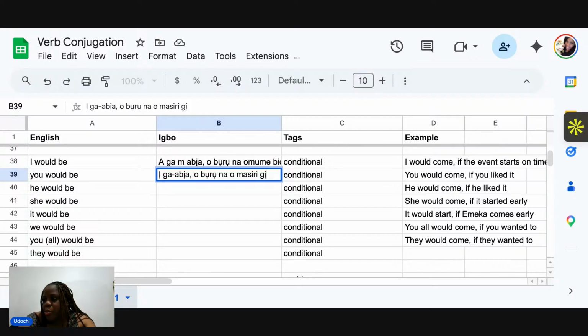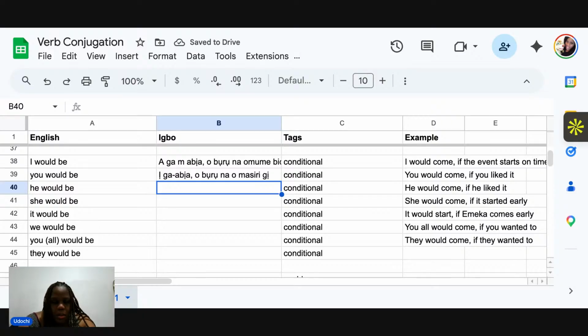Ị ga-abịa ọ bụrụ na ọ masịrị gị. He would come if he liked it. Ọ ga-bịa ọ bụrụ na ọ masịrị ya.